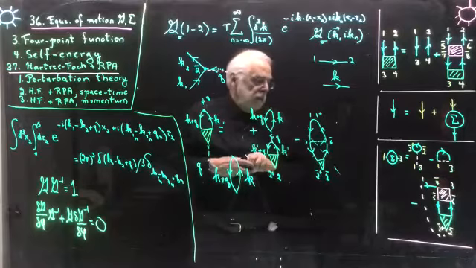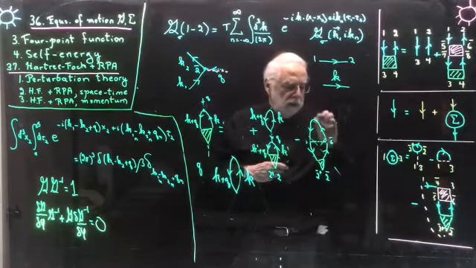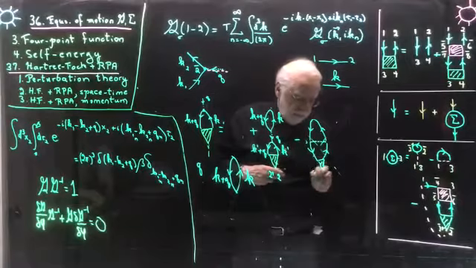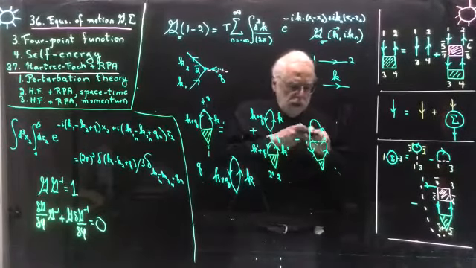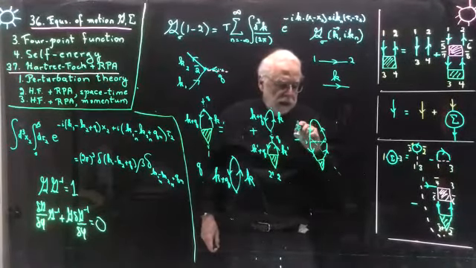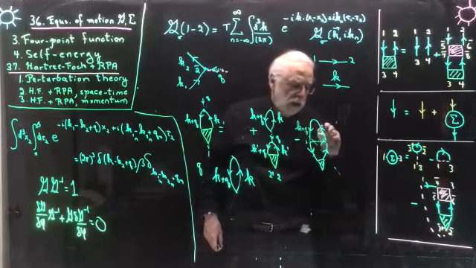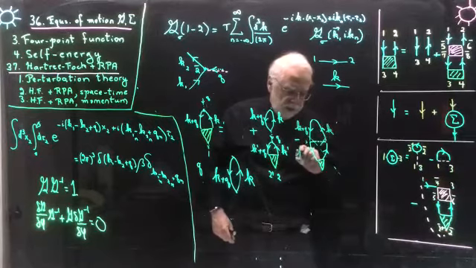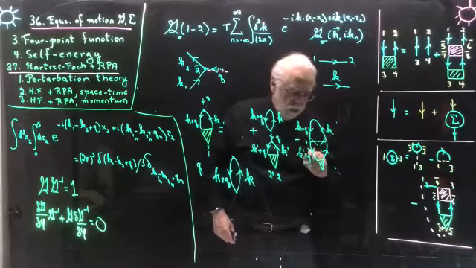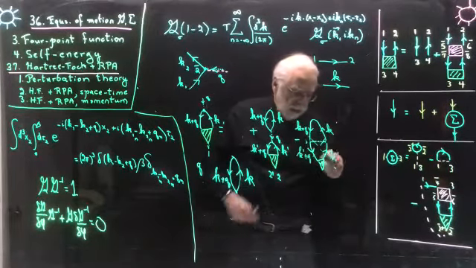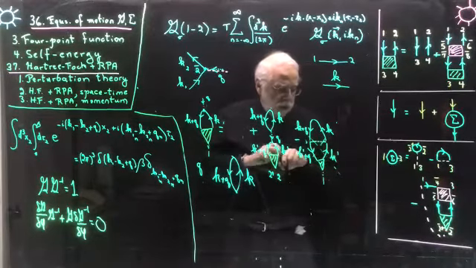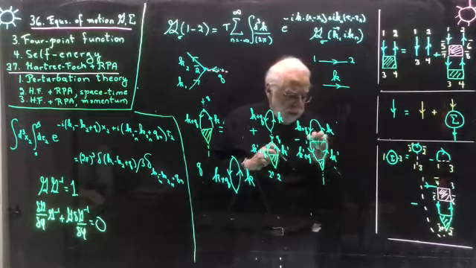And here I have momentum Q flowing, so I have K plus Q and K here, and K prime plus Q and K prime. That will allow a momentum Q to go out.